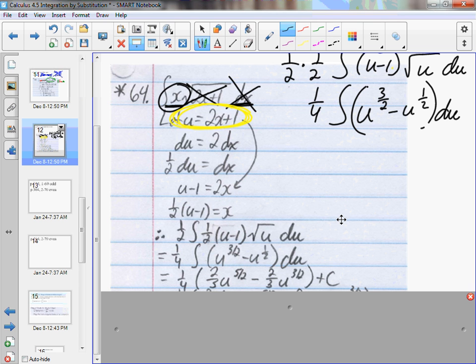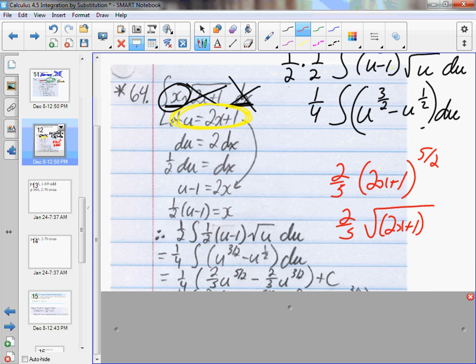So we have to decide: do I want to make that 2/5 times 2x plus 1 to the 5/2, or 2/5 times the square root of 2x plus 1? Then I have to decide, do I put the 5 there or do I put it there? So on problems like this, we're all going to come up with something a little bit different, or there's going to be a few different answers.